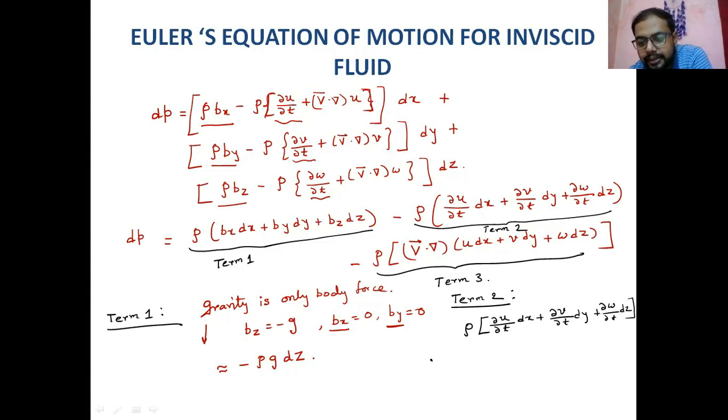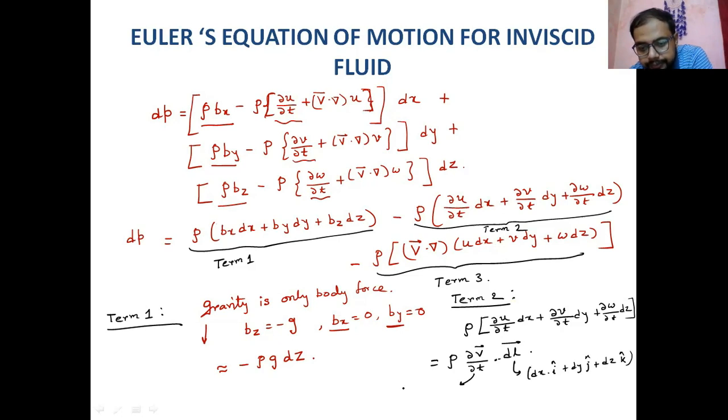So it can be written as rho del v vector dt dot dl, because dl is, if you take it, a dot product. dl is nothing but dx i plus dy j plus dz k.